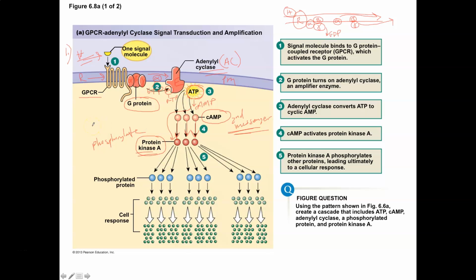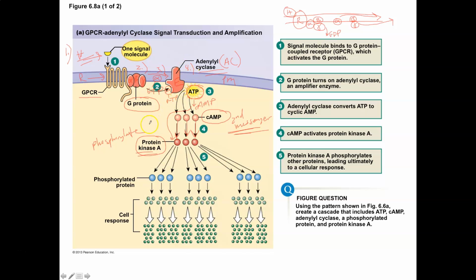So if you were going to go back and sort of number this, number 1 was hormone binds receptor. Number 2 is the G protein dissociates. Number 3, the active portion goes through the membrane. Number 4, we're going to activate adenylate cyclase.